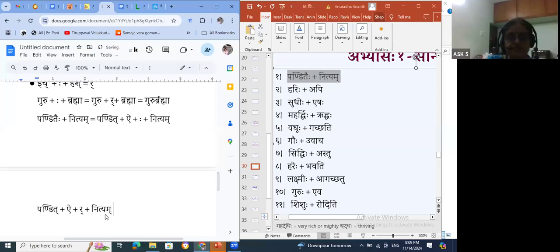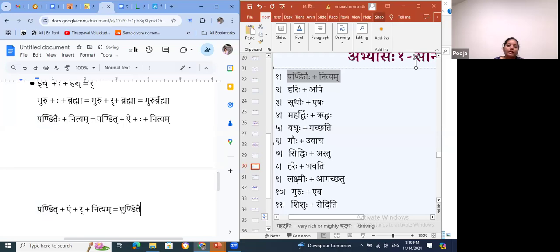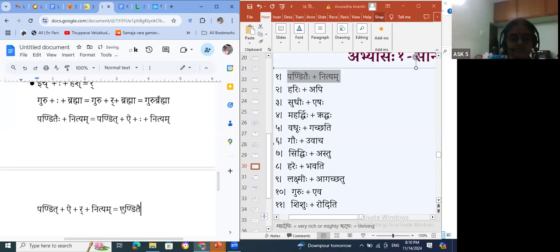Now what will happen? There's nothing here, no swara to join with this R for it to become रित्यम्, nothing. So this R should go on top of नि only. So this will again join back as पण्डितैर् नित्यम्. Yes or no?